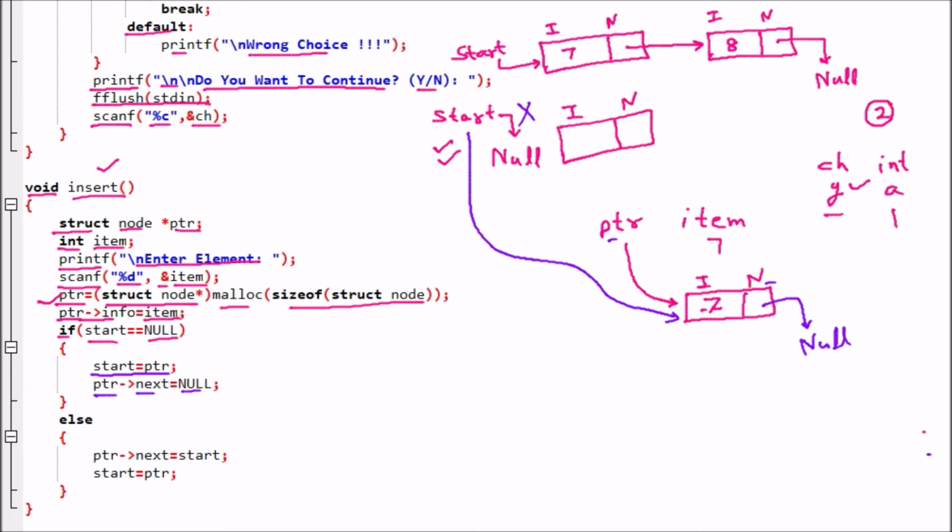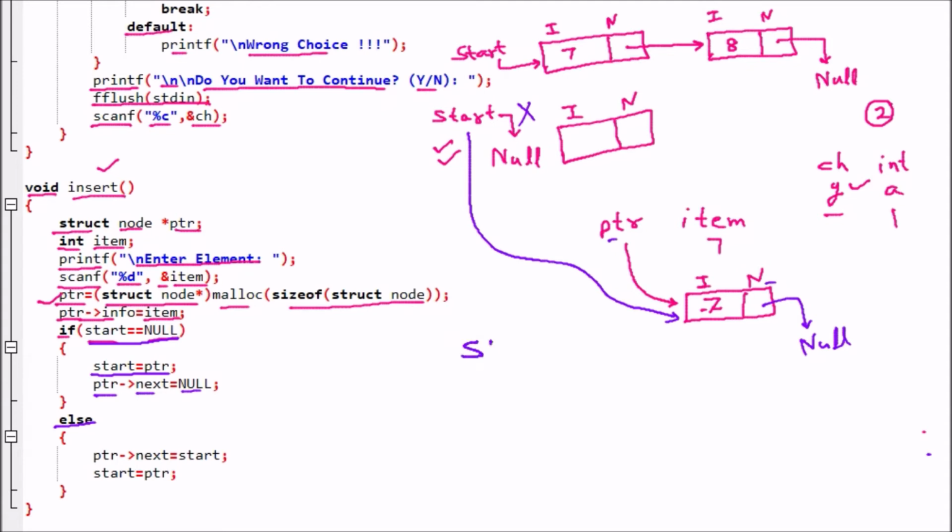Now we assume case number 2, the else part. We know that the if case worked for start equal to null. But we assume that this is the current case where the start is having only one block. Now else part means the start already has a few elements. Then what will happen?